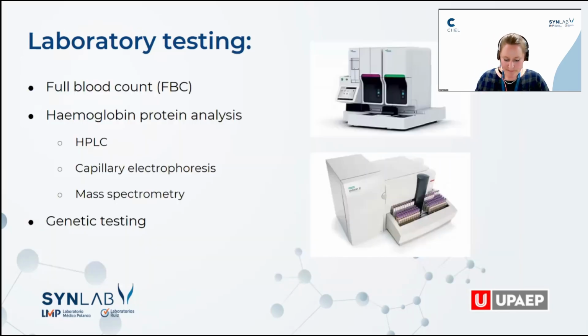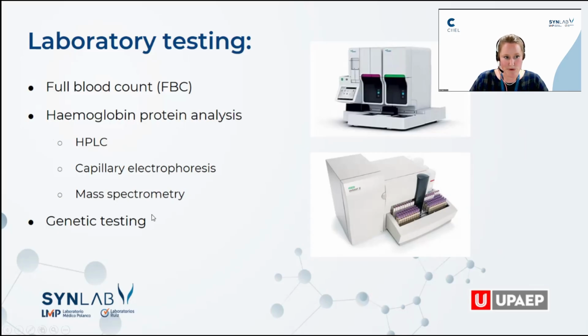So, moving on now to some of the laboratory testing that is used for hemoglobinopathies. The first one, and we've been through some of the terms from the full blood count earlier on in the talk, is the full blood count, usually performed on one of these analyzers at the top. They're usually fully automated, a very common laboratory test.